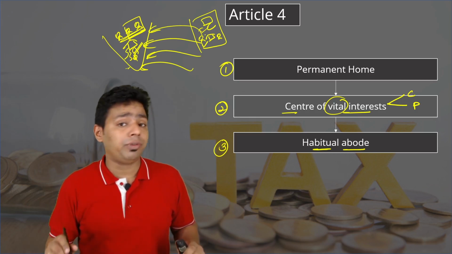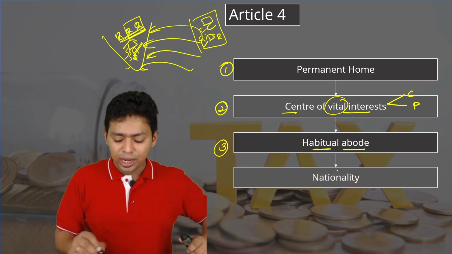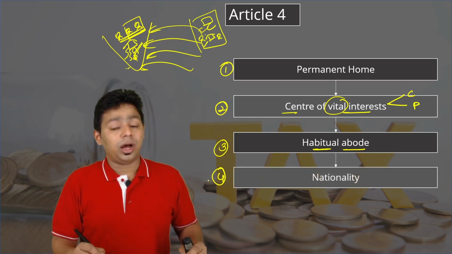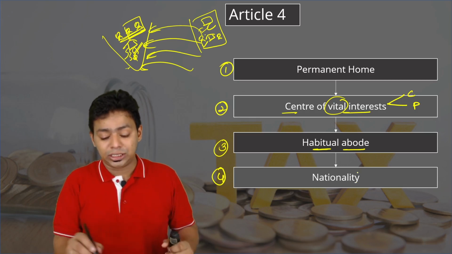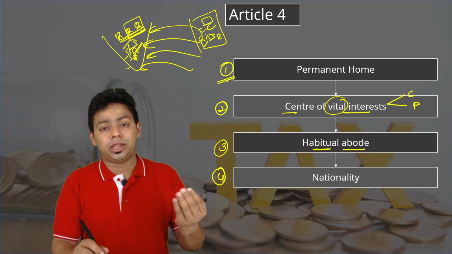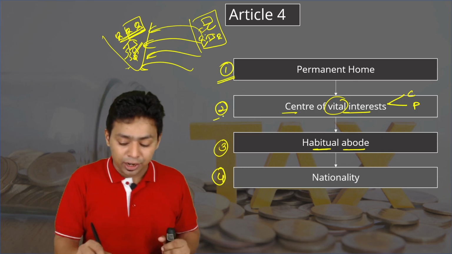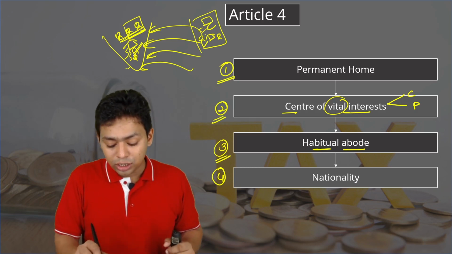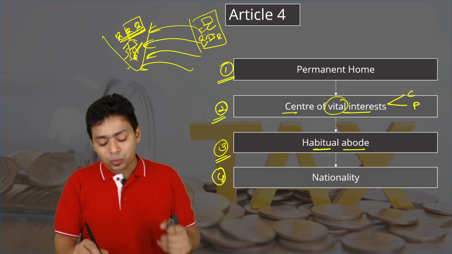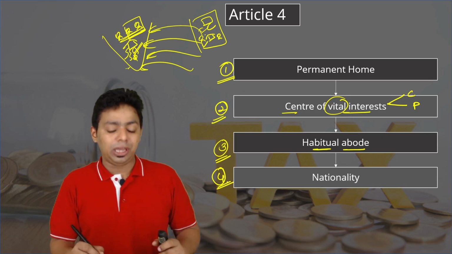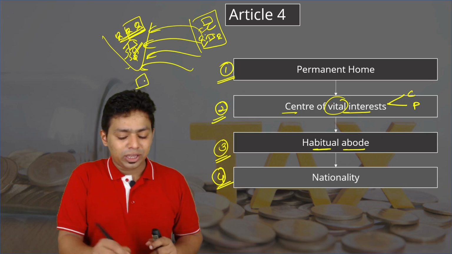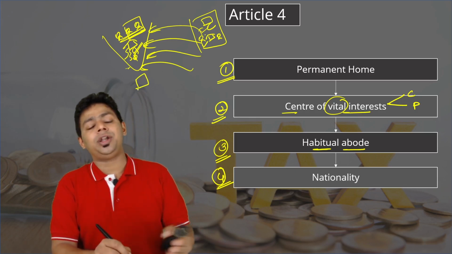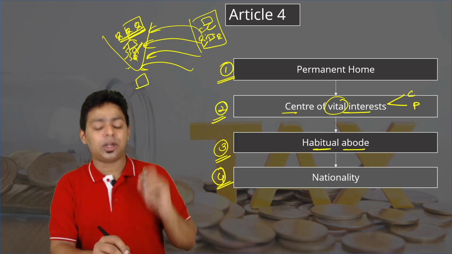Sir, habitual abode we are not able to determine. Okay. Then the fourth one, unfortunately, the fourth one should not be taken as the basis. The basis are actually primary three. First one is permanent home, second one is center of vital interest, third one is habitual abode, fourth one is nationality or citizenship. Obviously he will be having a passport of one of the countries. If he is having a passport of India, he is a citizen of India, then a citizen of India will become a resident of India.